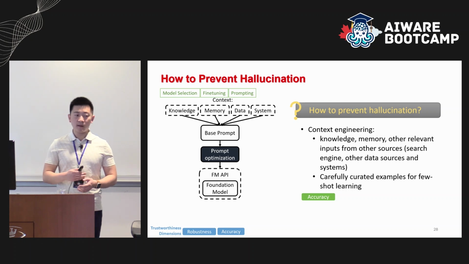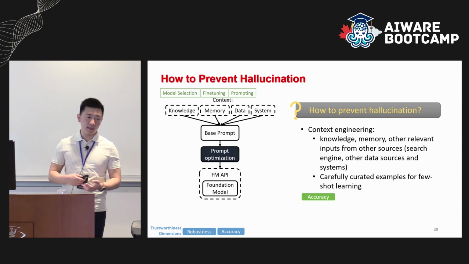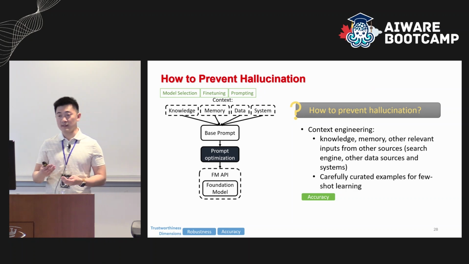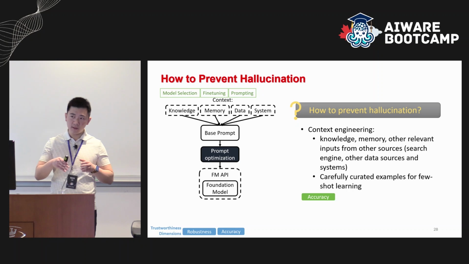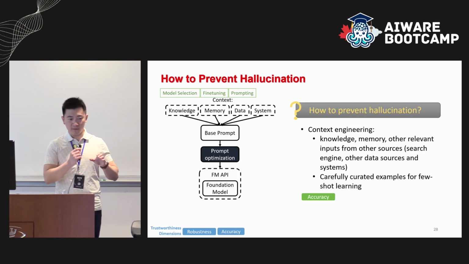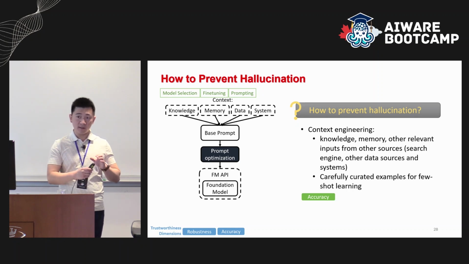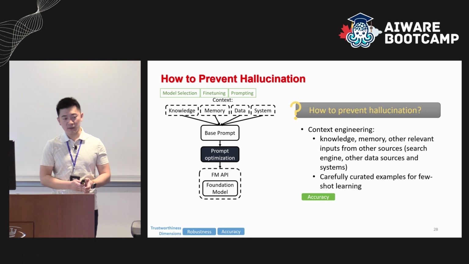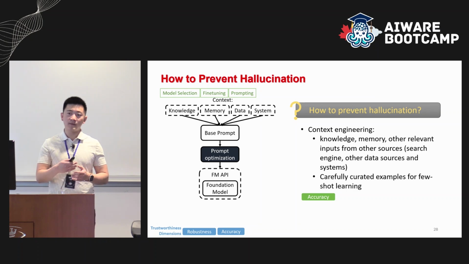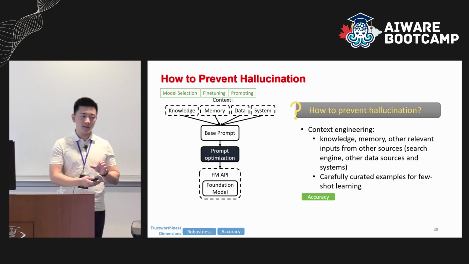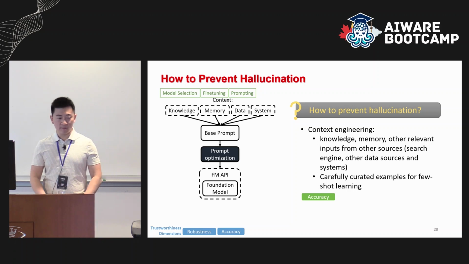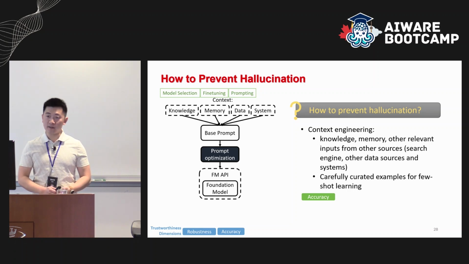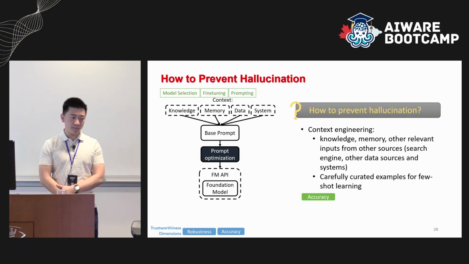That's what we call context engineering, where you try to engineer the knowledge, memory, and other relevant input from sources like a search engine and connect them to the prompt, filling in strings into your prompt and giving it as context to the model. We call that in-context learning, where you give the model new information inside the prompt, and then the model can answer the relevant questions with higher accuracy and avoid hallucination.